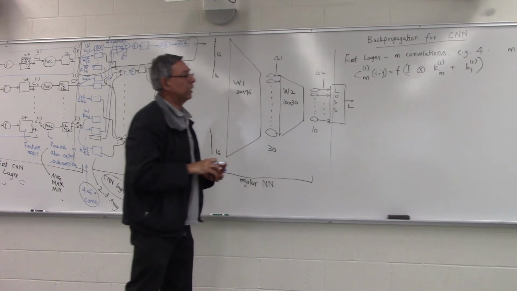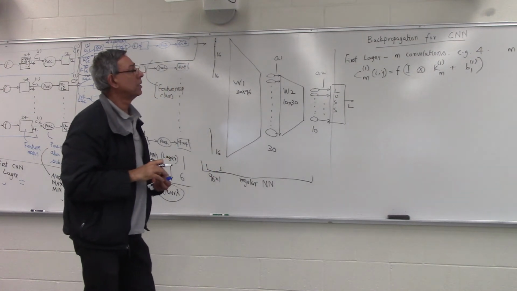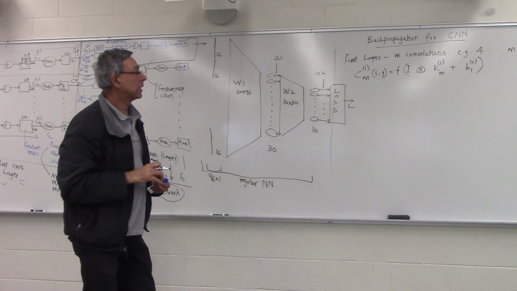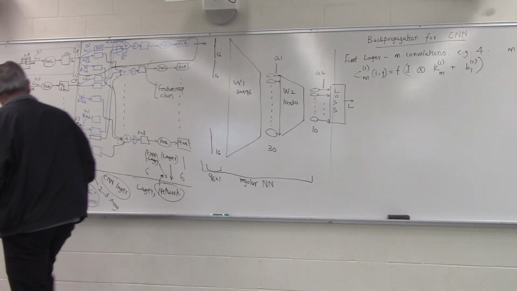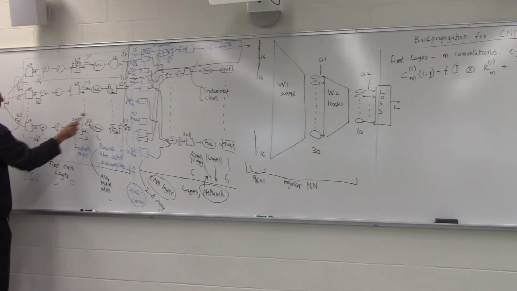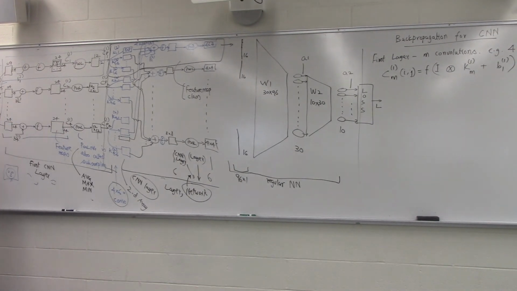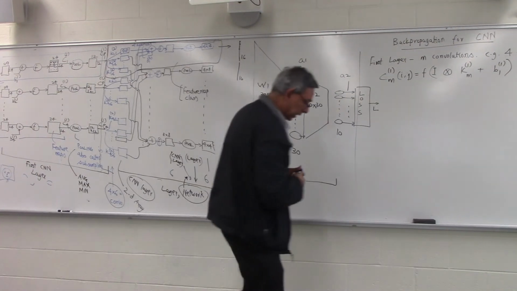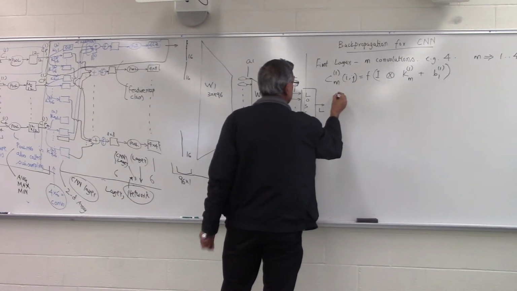Everybody agrees? That would be the equation for the first output over here, for example C1 of 1 or C2 of 1 or C4 of 1. Those will be given by that equation. Once we have the equation, we can write it in more detail.